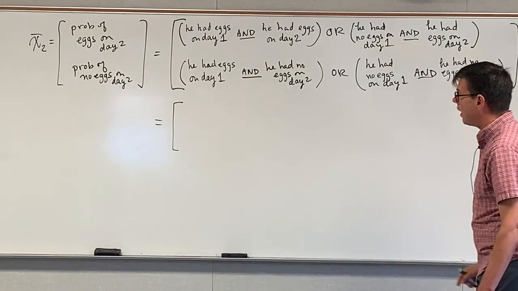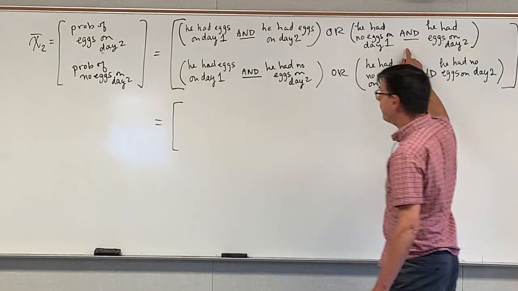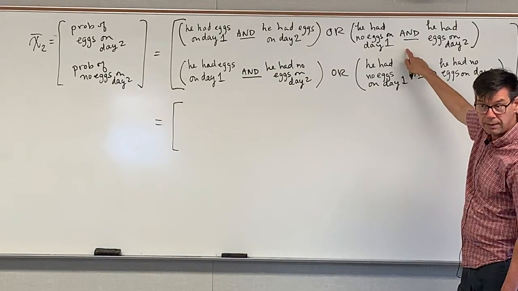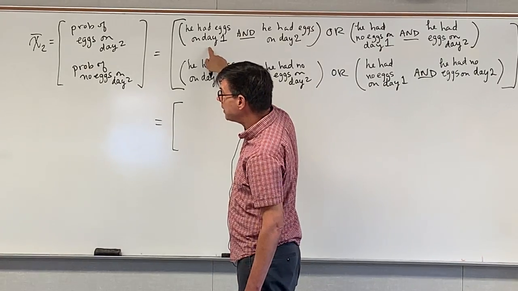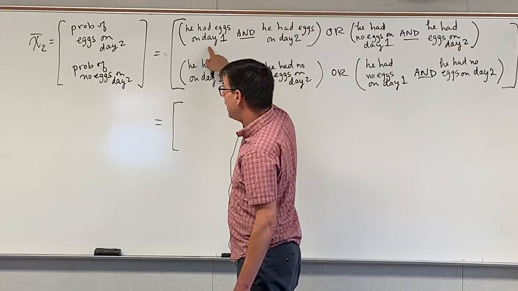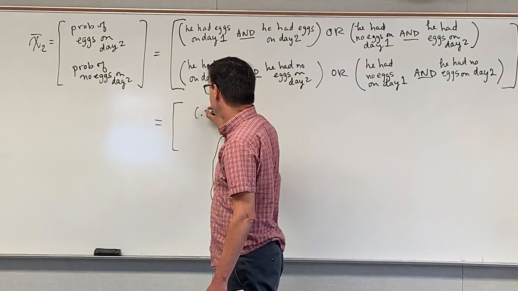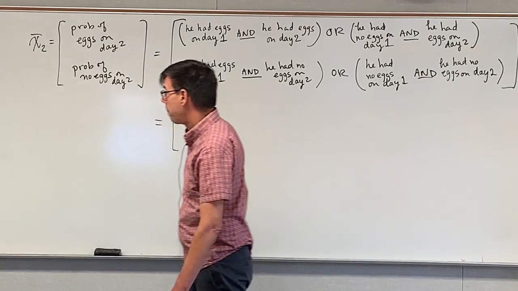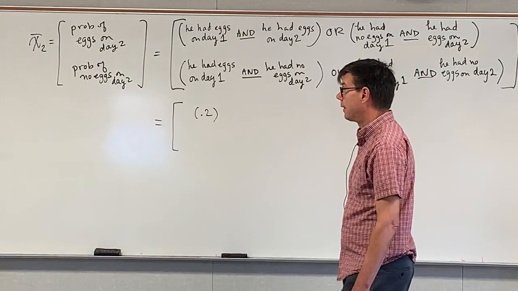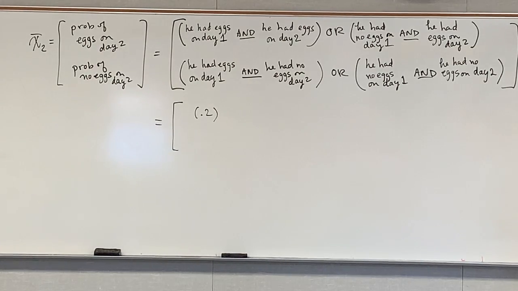I'm going to fill in some values. Now, I really mean the probability of these things happening, right? And now here's where a little bit of probability theory comes in. The probability that I had eggs the previous day is in that 0.2. That was right back here. Tomorrow is day 1. Sorry. Yeah, I'm sorry.